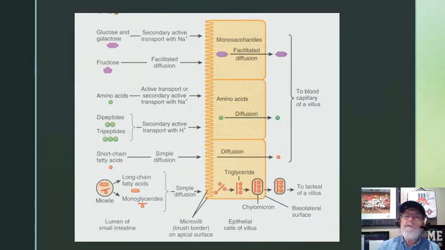I think you should remember that diffusion, facilitated diffusion, and active transport are probably the biggest ways I get things across that membrane that go from the area of the gut through that brush border, which you'd see there, the little wavy thing, through the cell and into either a capillary of a villus or to the lacteals, which is on the bottom, which is basically my triglycerides, my fats end up in the lacteals, as compared to things such as some other fatty acids that will go into the circulatory system by the capillaries, dipeptides, tripeptides, which are basically proteins, amino acids that further break down, fructose, glucose, starches and stuff like that.